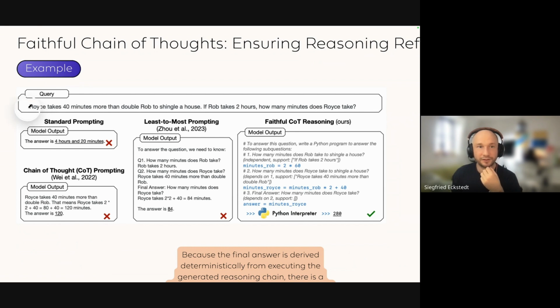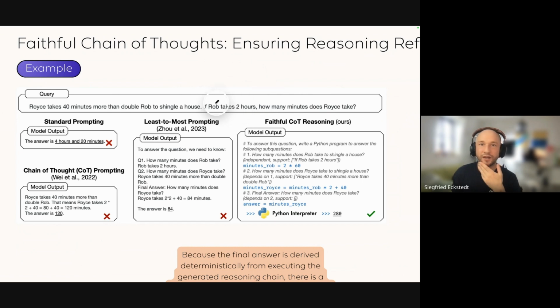So here the task is quite simple. We have Royce, who takes 40 minutes more than double the time that Rob takes for a task. So if Rob takes 2 hours, how many minutes does Royce take?